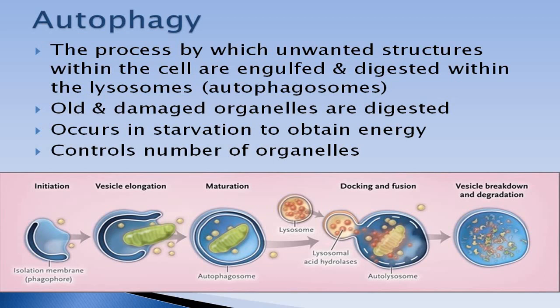Why does the number of mitochondria increase? Because during heavy exercise, more energy is required. This more energy is fulfilled by the oxygen which is taken in during respiration. So that's why the number of mitochondria increases inside the cell.